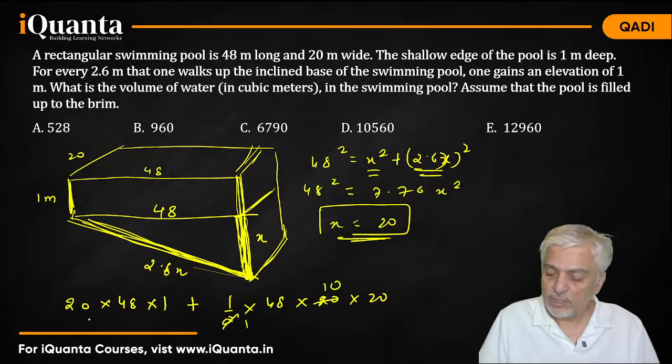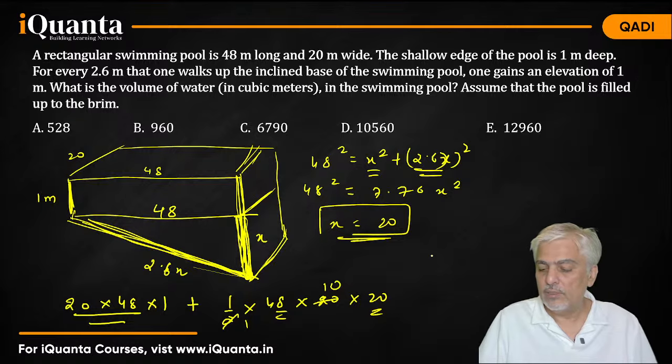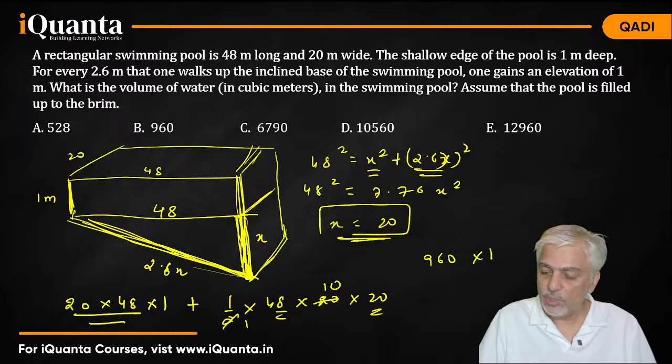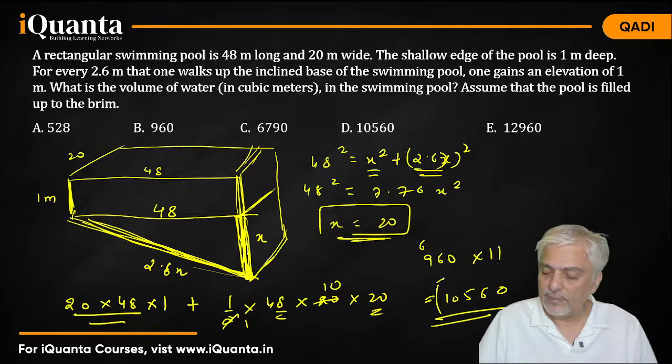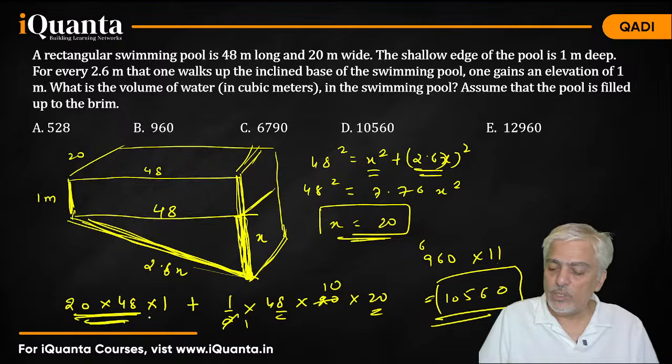So if I take 48 into 20 common, so that's 960 into 11. 0, 9, 11, 6 are 66, 6 carry 99, 105. I took 20 into 48 common and then 1 plus 10.